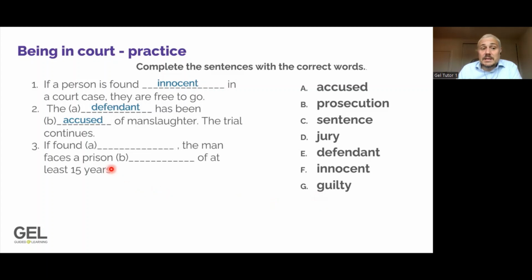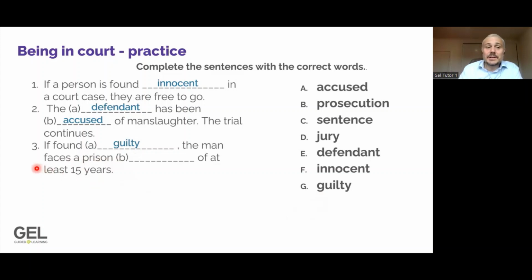Well, if the man is being punished by prison, then the man must be guilty. If found guilty, he will be punished. He will face a prison of at least 15 years.